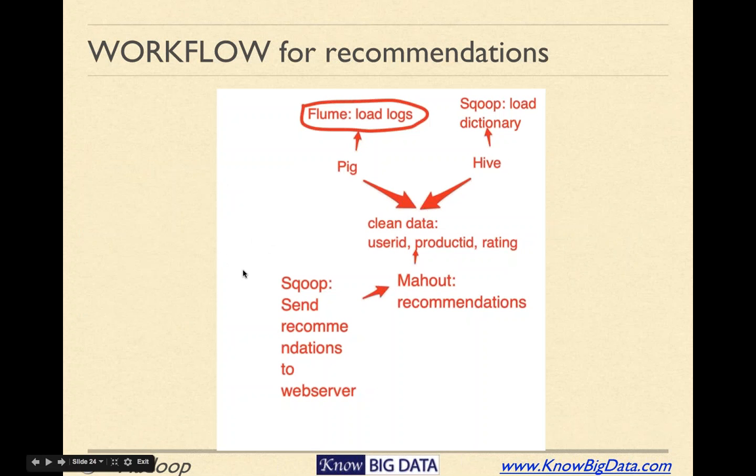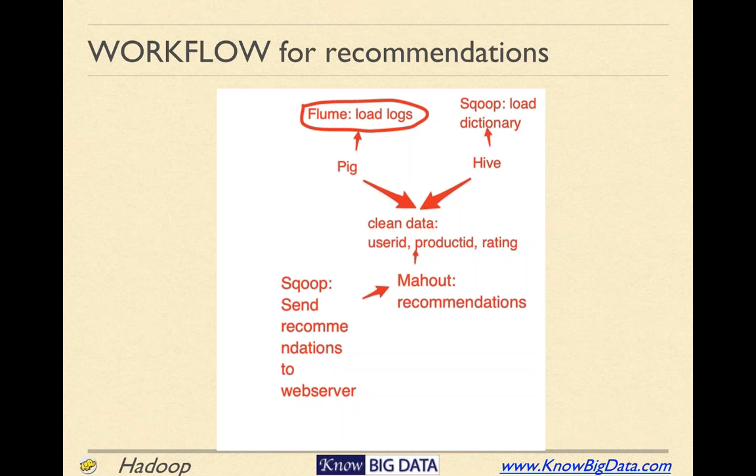So let's take a case. We'll talk about Mahout in a bit, but before that, when we generate recommendations, we have some data from Apache logs. We need to clean up that data and feed it to Mahout, and whatever are the results of Mahout, we want to use Sqoop to push that data to the web server.